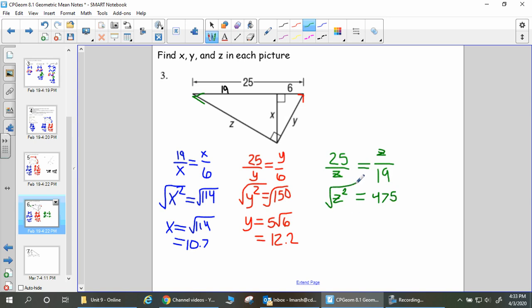And so when I square root and I break that 475 down, that means the value of Z is going to be 5 root 19. And in a calculator, to get a decimal, I get 21.8.